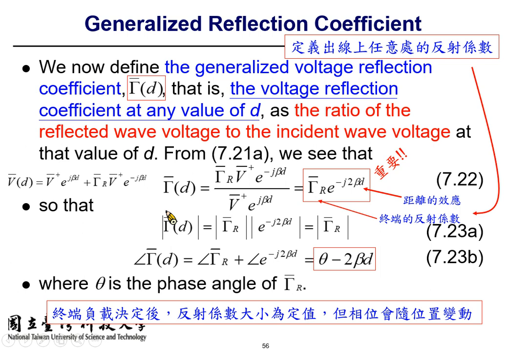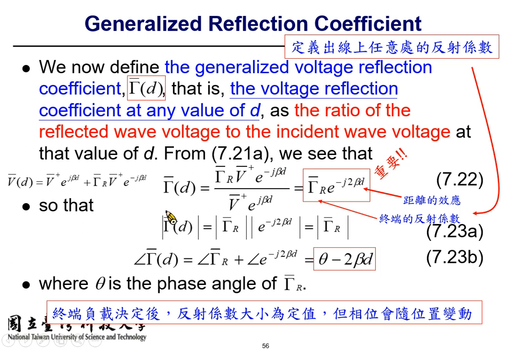Because now you have the location d as the phase reference, the total propagation phase delay will be 2 times beta d, the round trip of forward-going and reverse-going paths.